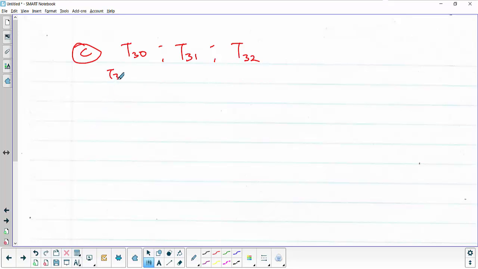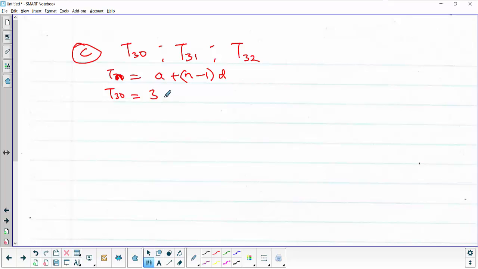T30 is going to give us A plus n minus 1 into D. That's the general formula. So you can just say this one is Tn instead of T30. Immediately we put 30 here, 30 must also be here. So automatically T30 is going to be, what is our A?